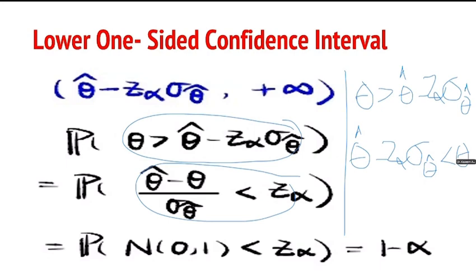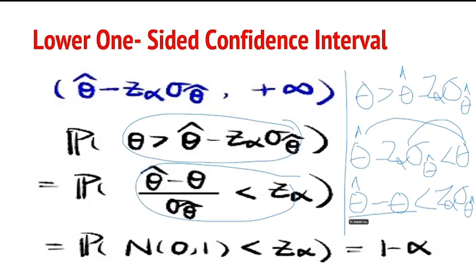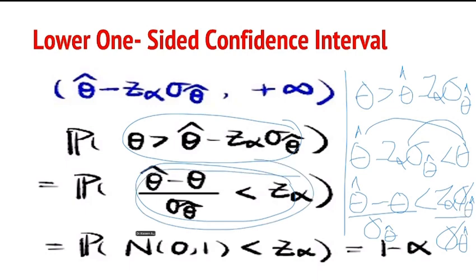If this is less than theta, and this comes to this side, I'm going to have minus theta, less than z alpha sigma theta cap going to the other side. All you need to do is divide both sides by sigma theta cap. When you do that, this cancels that, and that was why we got this expression, which is equal to the confidence level.